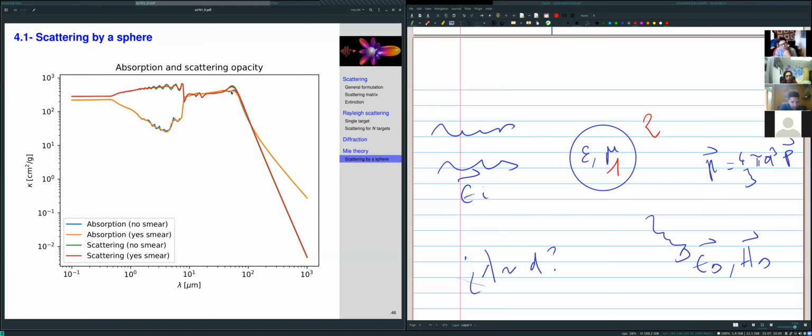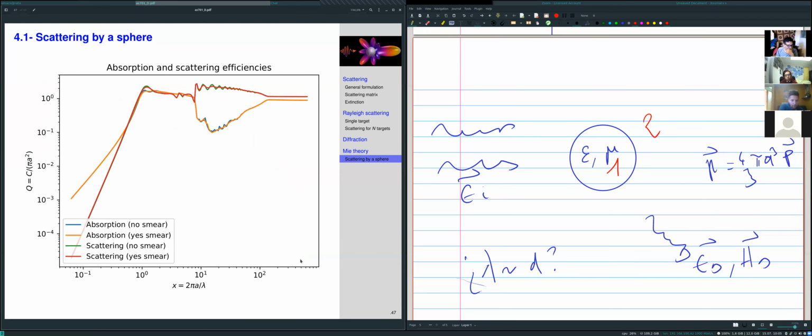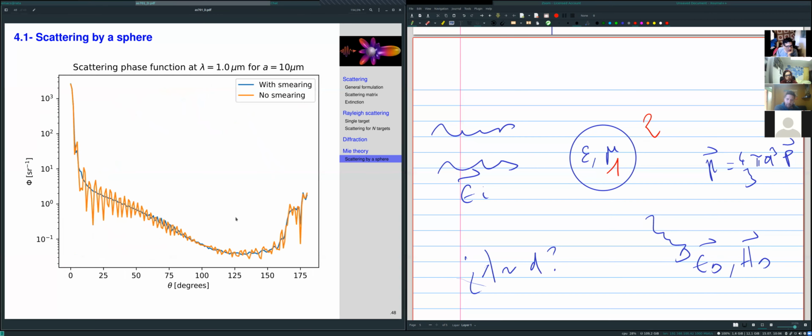When lambda is much greater than the size of the obstacle, you go into Rayleigh scattering, where the scattering cross section decreases steeply. This is the same plot, but in terms of Q, the scattering efficiency, the cross section divided by the size of the obstacle, as a function of the grain size parameter. This is another way to plot the same calculation.